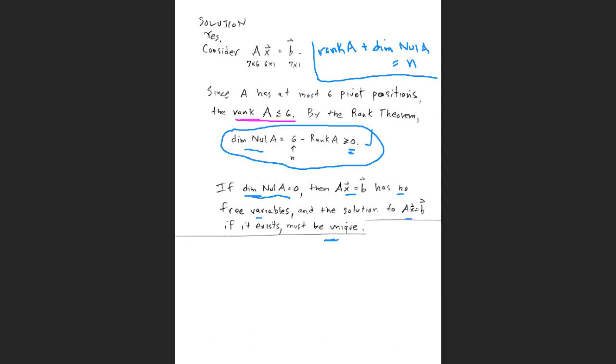And so the solution to AX equals B, if it exists, would have to be unique. Okay, are there any questions on that?